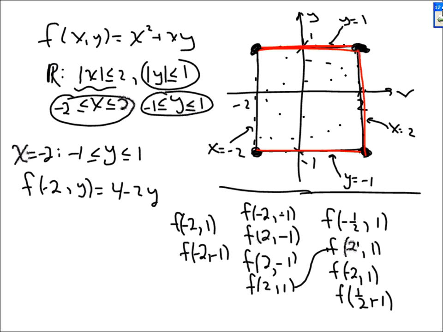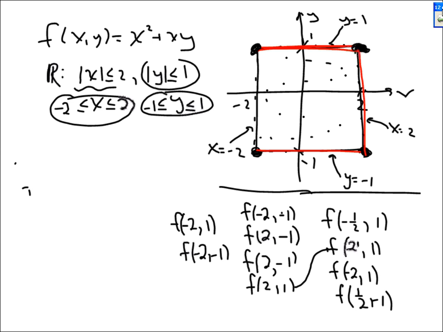In fact, I'm not even going to bother to work out what I have in the bottom here, minus some duplications. For example, this one here is the same as that one: negative 2, negative 1, or f of that is the same as that one.